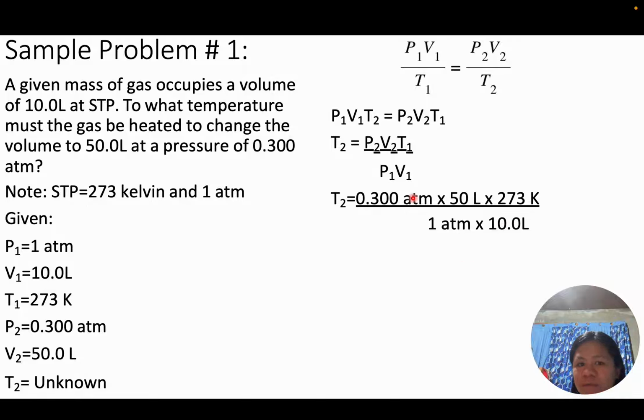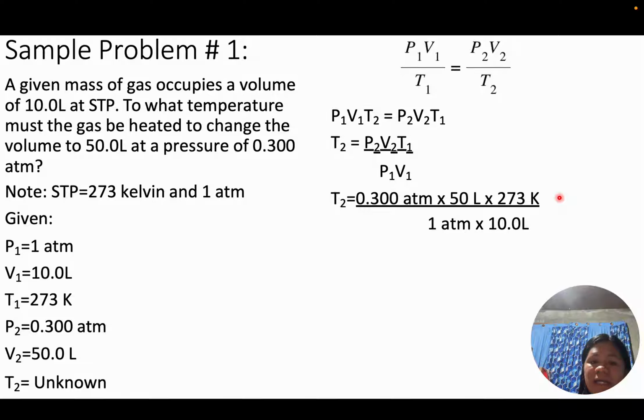First, of course, observe the units. Atm and atm cancel. Liters and liters cancel too. So, the unit left is Kelvin, and it is right because we are looking for temperature. Next, we multiply first: 0.300 times 50 times 273.